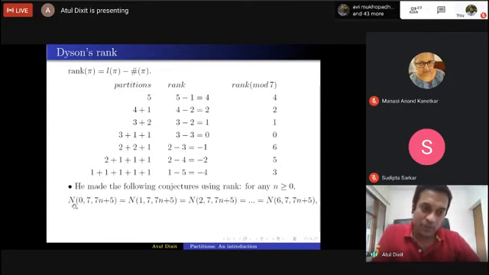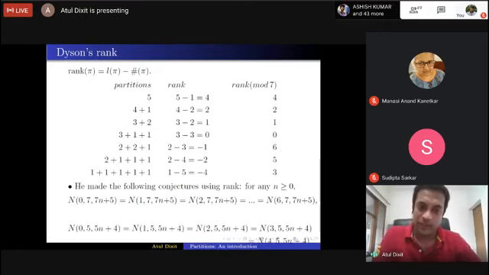This denotes the number of partitions of 7n plus 5 with rank congruent to 0 mod 7. He showed that that number is equal to the number of partitions of 7n plus 5 with rank congruent to 1 mod 7, same as here, 2 mod 7, and so on up to 6 mod 7. So what I just showed you, but in general. So he conjectured this, and also for 5n plus 4.